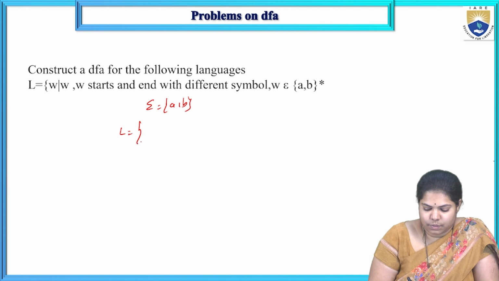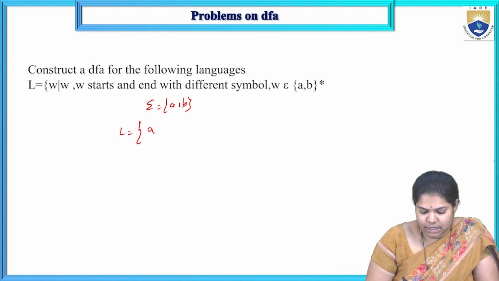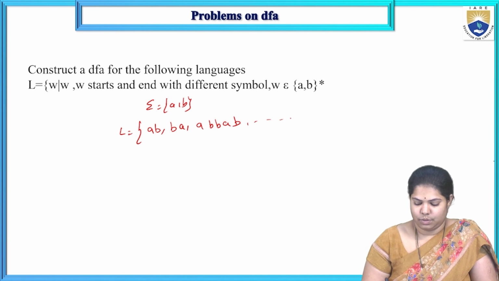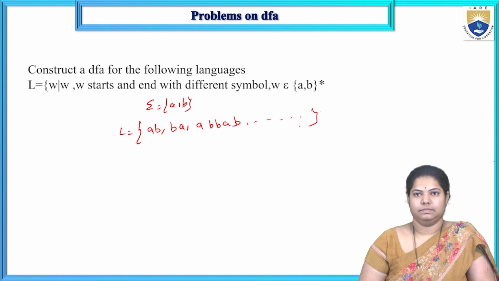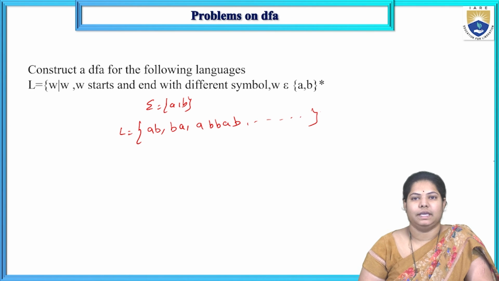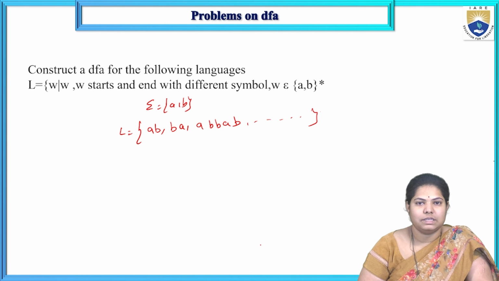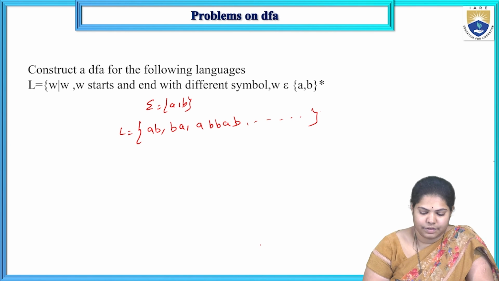The language equals, if I start with A, it should end with the B. If I start with B, it should end with the A. If I start with A, in between I can contain any number of things, but it should end with the B, and so on. Any length string we can take, 2 length string, 3 length string, whatever it might be, but it should start with A and end with the different symbol.